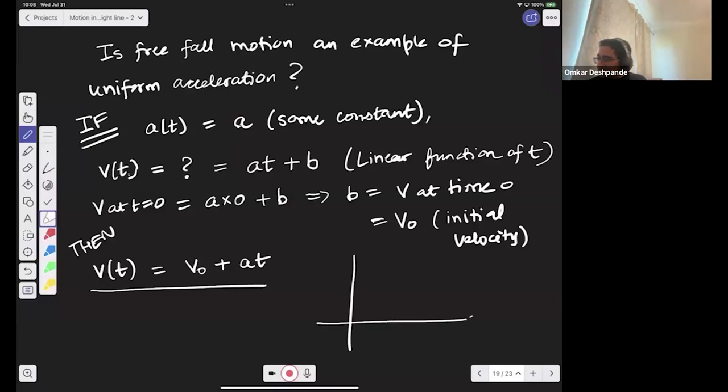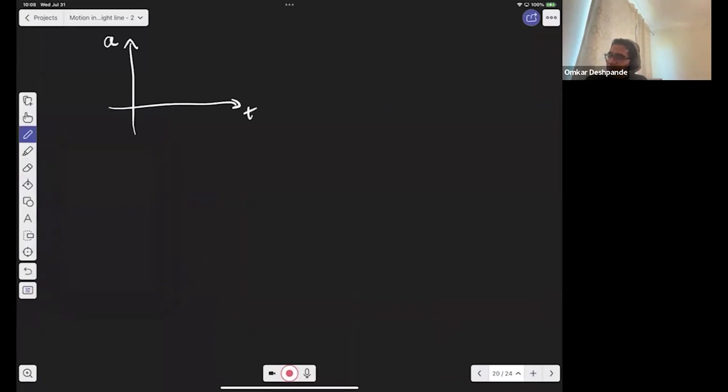Notice that, okay, let me also show this graphically. If a of t is a constant function, let's say it is at some constant value a, I'm sort of misusing the variable letter here, but just think of this as some constant, okay?